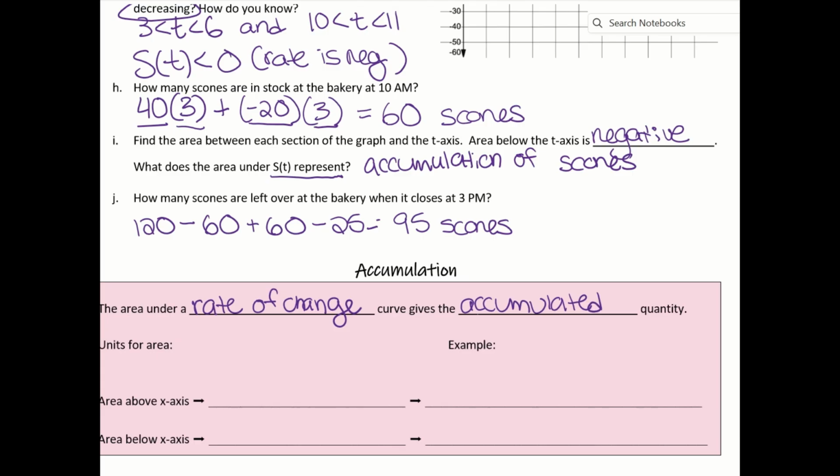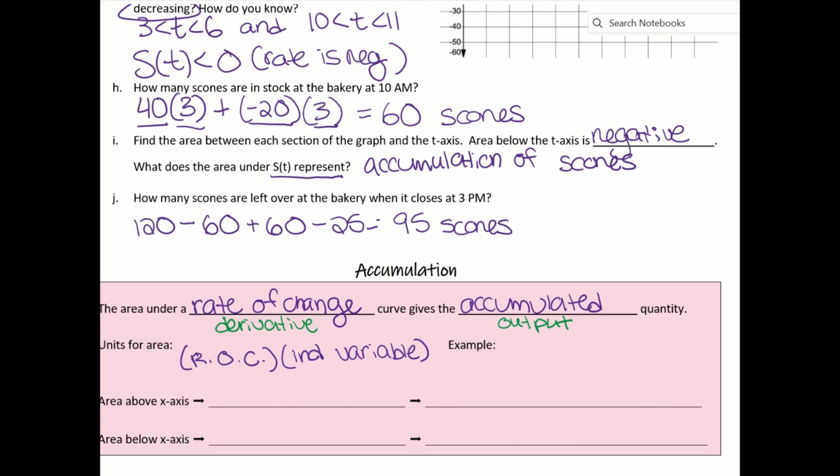Another way to think about this, just kind of a preview, is that the area under a derivative gives an output. Interesting. So here are the units for area. Whatever the rate of change is, we abbreviate this as ROC a lot of times, times the independent variable, and a lot of times this is time. So this is just rate times time.